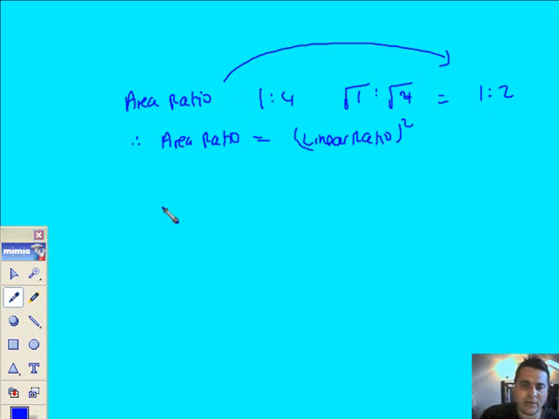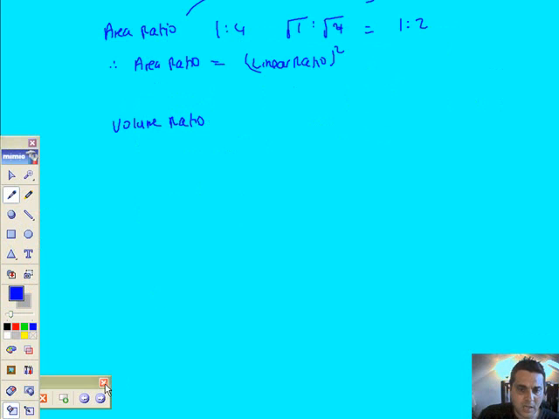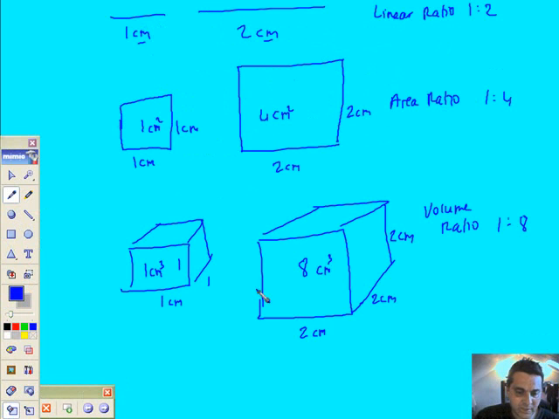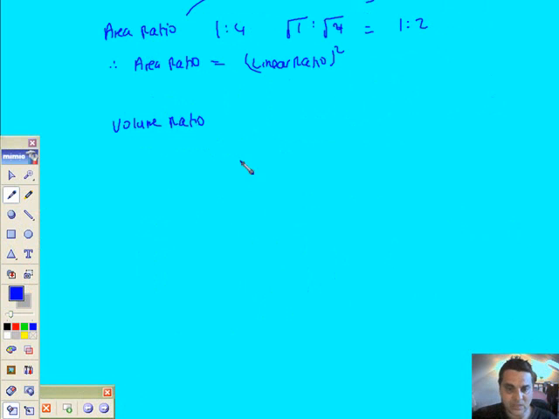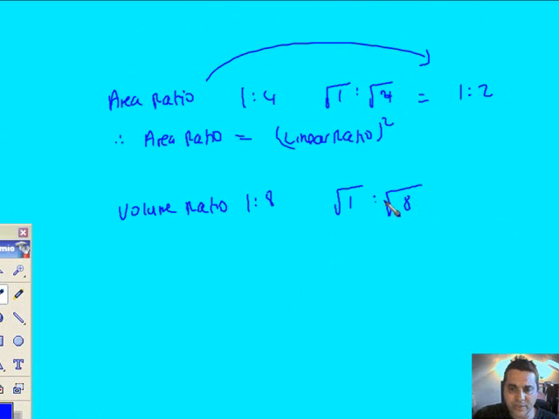Alright? Now look at it again. If I look at the volume ratio, going back to this previous page, I've got a volume ratio of 1 to 8 just by doubling the sides. If I cube root the 1 and I cube root the 8, the cube root of 1 is 1, the cube root of 8 is 2.